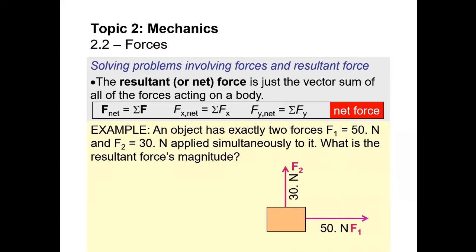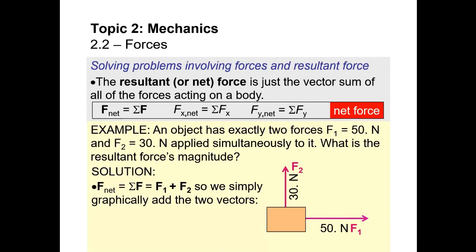An object has exactly two forces, F1 and F2, applied simultaneously on it. What is the resultant force's magnitude? Net force is equal to the vector sum of F1 plus F2. So we simply graphically add the two vectors like this.